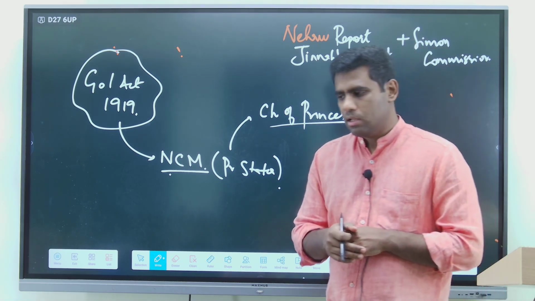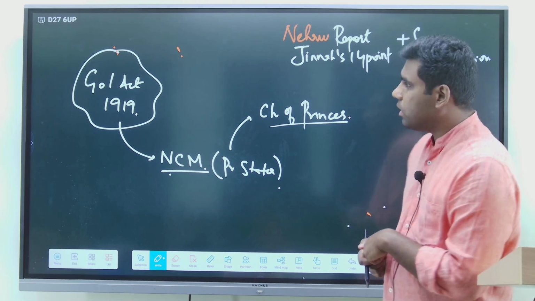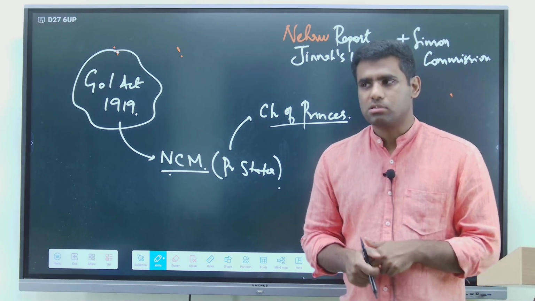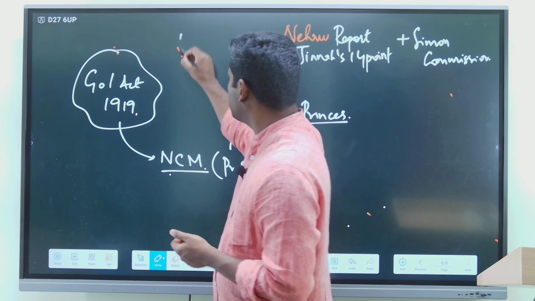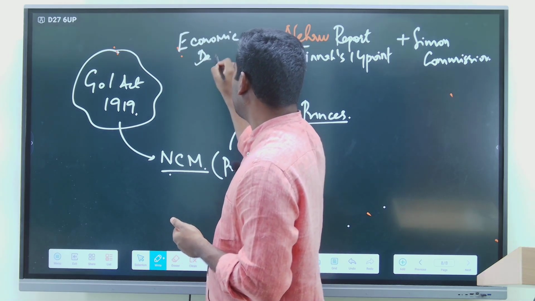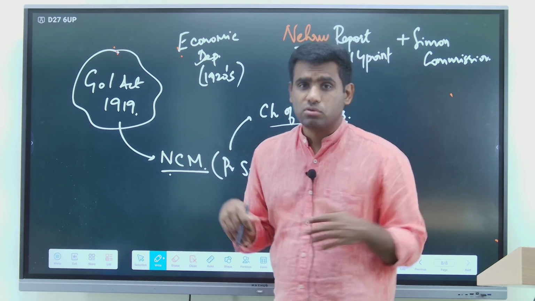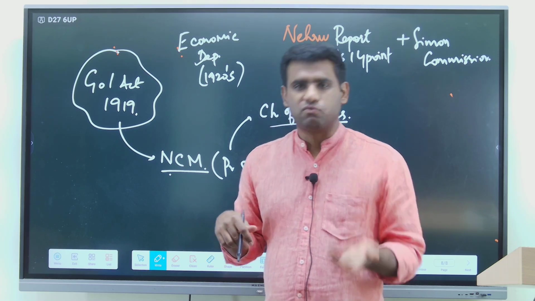All right, and not just that, we also have various factors such as the economic depression of the 1920s. The world goes into a state of economic depression after the First World War, right?